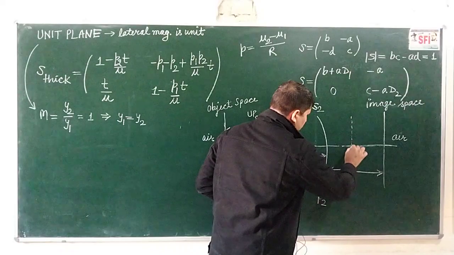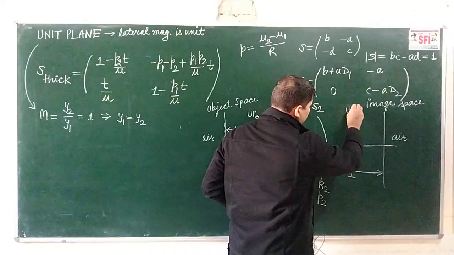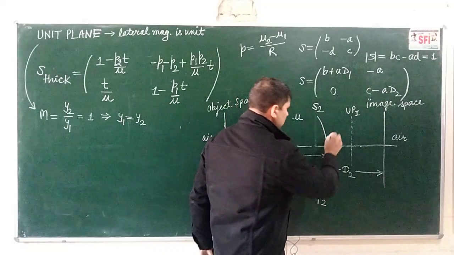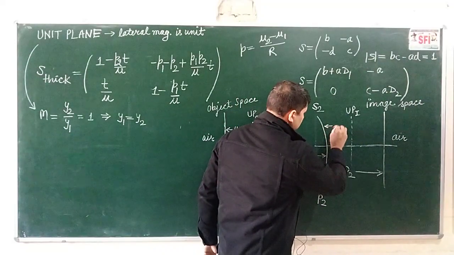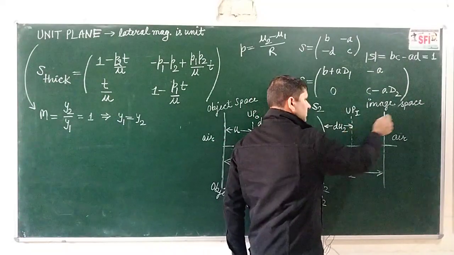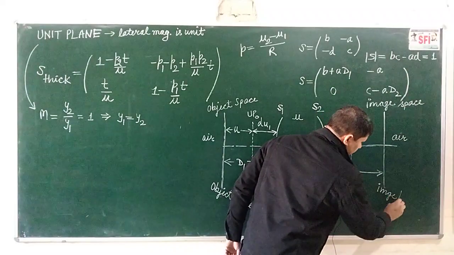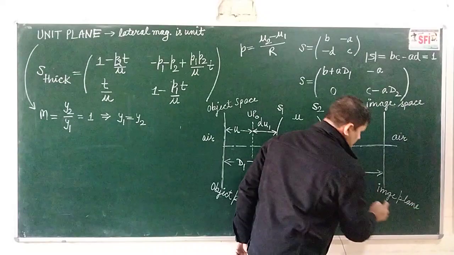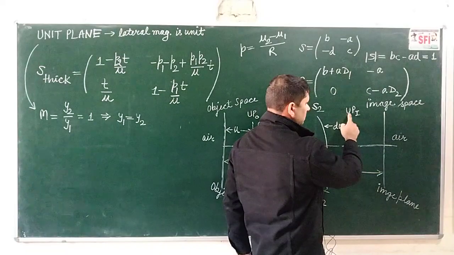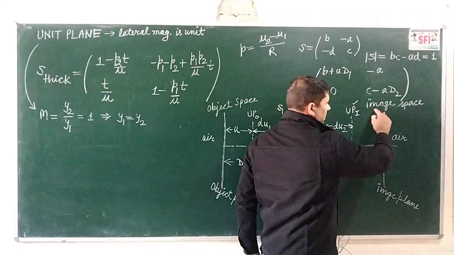Here, this is the second unit plane, UPI, and it is in the image space, and its distance from the refracting surface is du2. This plane is the image plane, and both the image plane and the second unit plane lie in the image space.